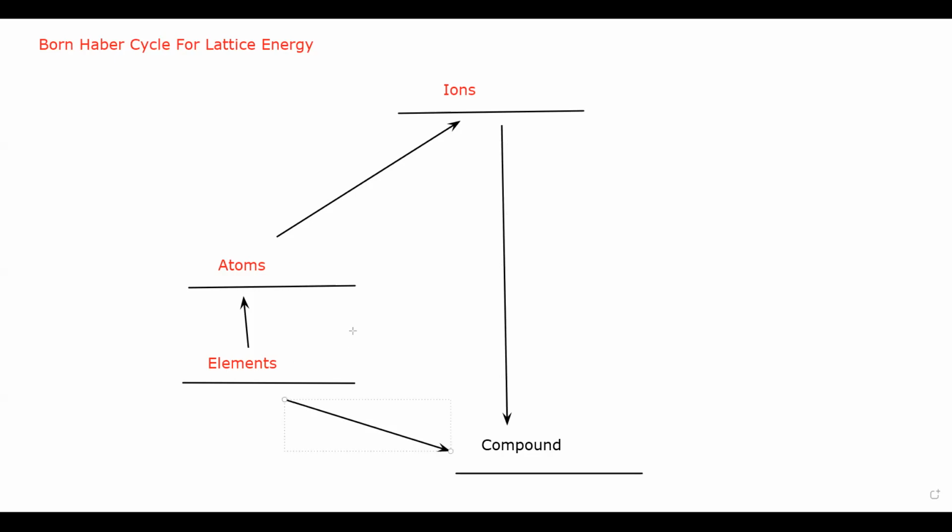So there are two ways the compound can form. Number one, first elements turn into atoms, then atoms turn into ions, and ions form that ionic compound. That's one way. What is the second way? Elements directly form a compound, so we call that the Born-Haber cycle.